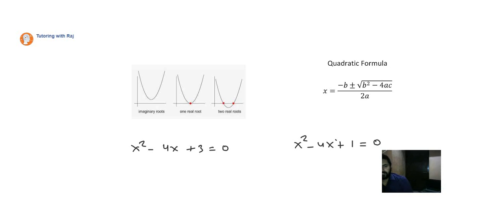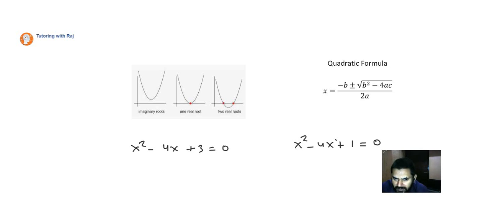Now we see that the first problem is possible to factor. However, if we try to factor the second one, we see that it's not possible. So for this kind of problem, we prefer to use the quadratic formula, which is going to work in both problems. So let's solve the first problem by using the factor method and the second problem by using the quadratic formula.